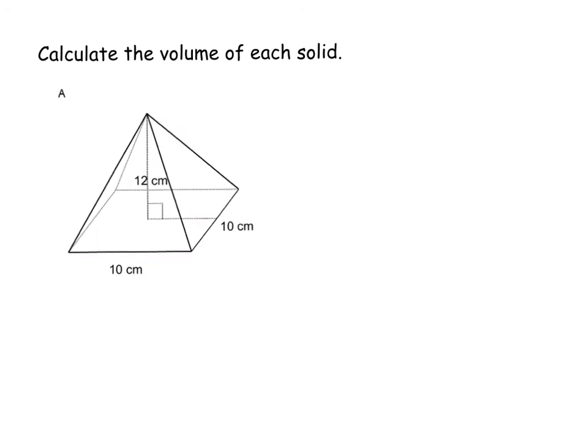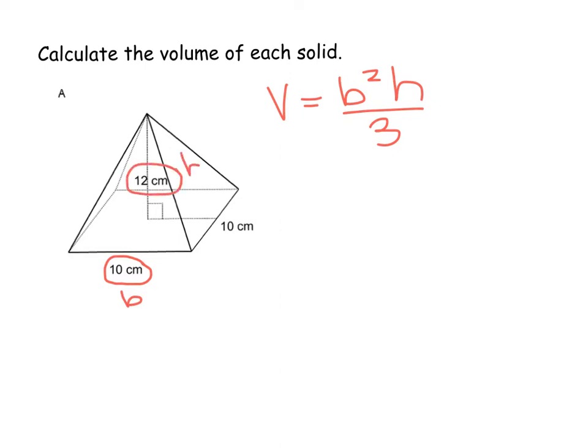For our first example, we're going to find the volume of this square-based pyramid. I look on my formula sheet and it says that my volume is the base squared times the height divided by 3. And my picture tells me that this is the B and this 12 is my height.